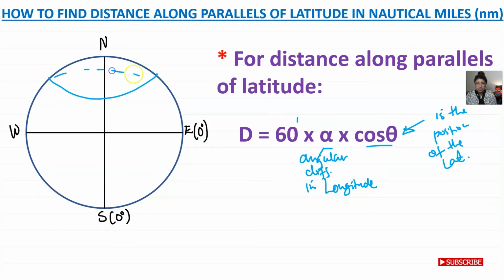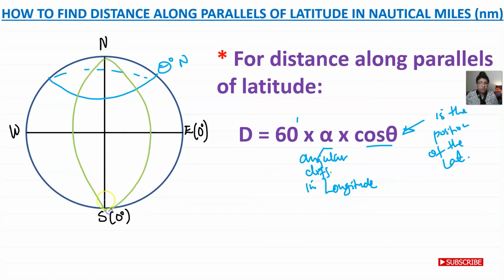So we have our latitude, which is at some theta degrees north. For example, this one is on the north. And then we have two longitudes. I'm going to show you that in a different color. So let's say this is one of your longitudes, and this is another one.